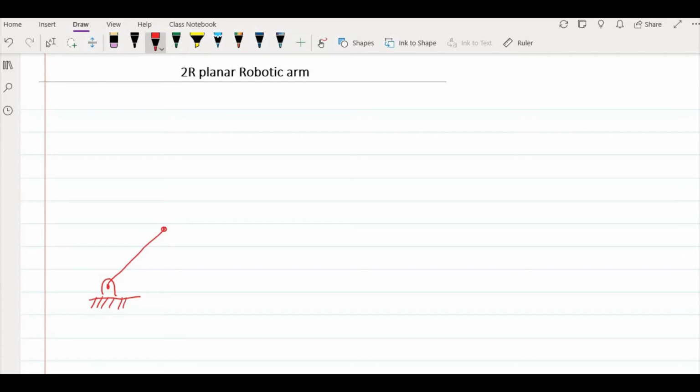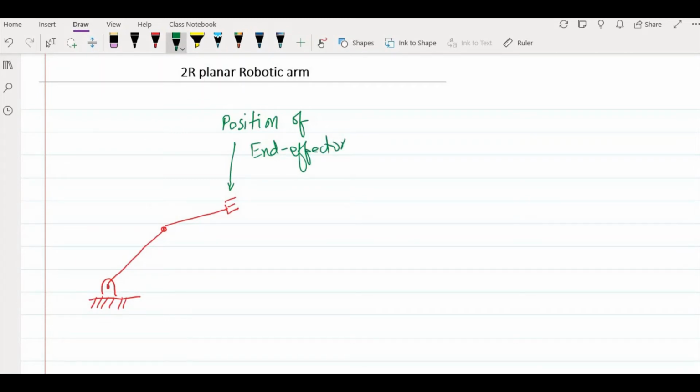We have a link here, and then a joint, and then again a link, and then here we have a gripper or end effector. So what we are interested in here is to find the position of this end effector.